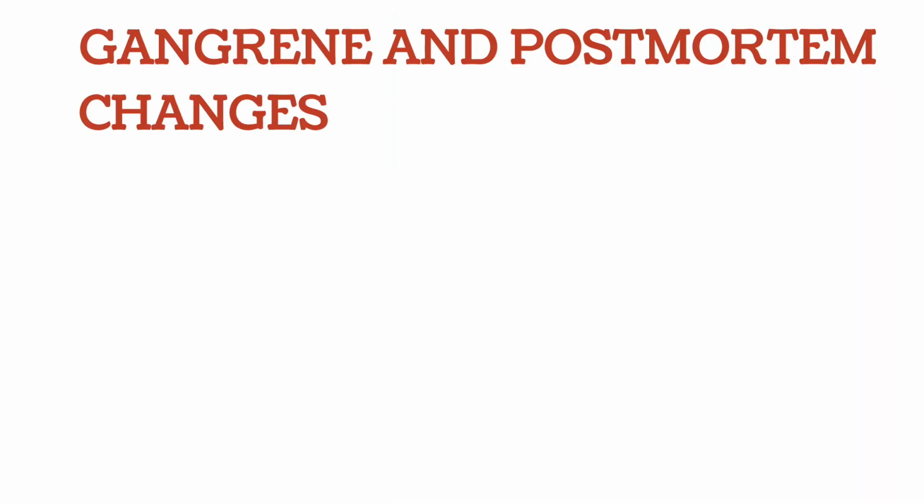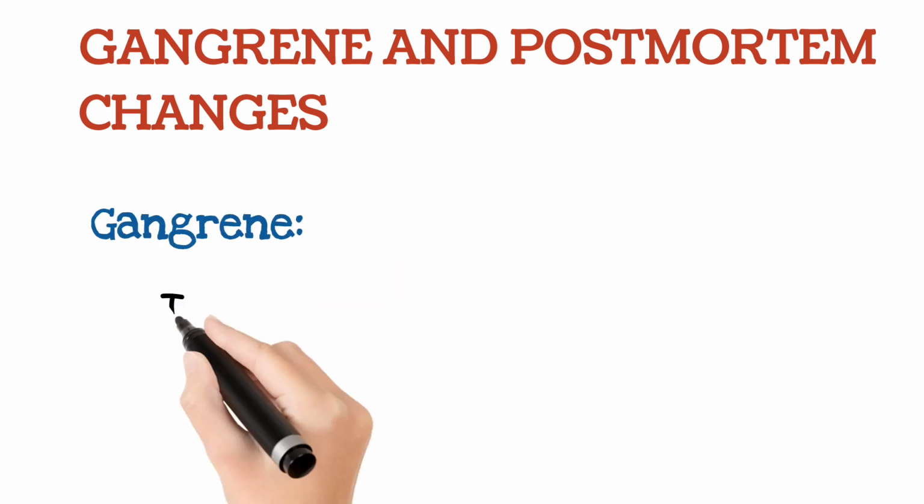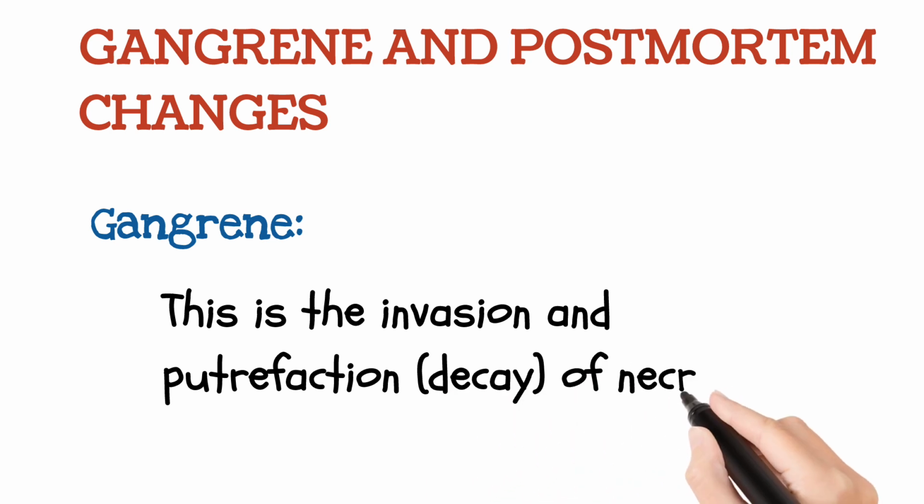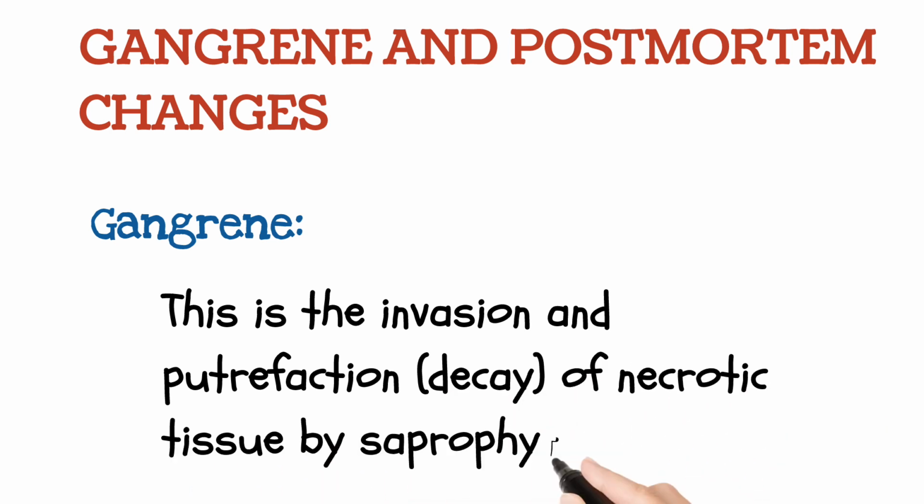In today's video, I'll be talking about gangrene and postmortem changes. I'll start by defining the word gangrene. Gangrene simply means the invasion and putrefaction of necrotic tissue by saprophytic bacteria.